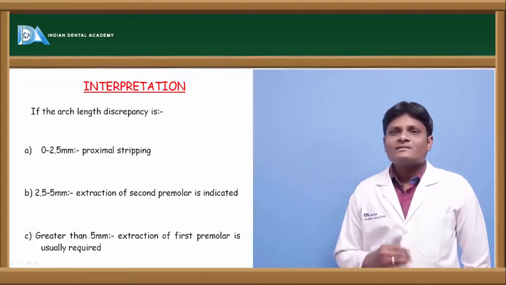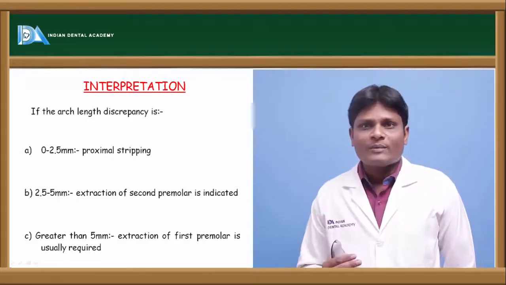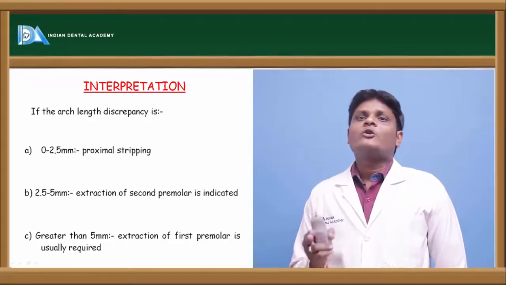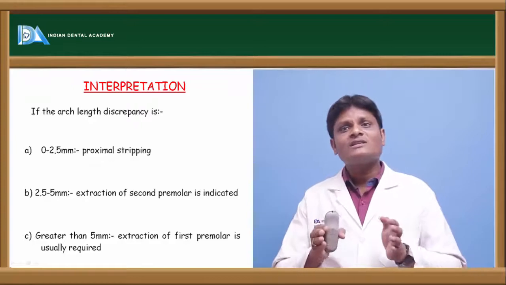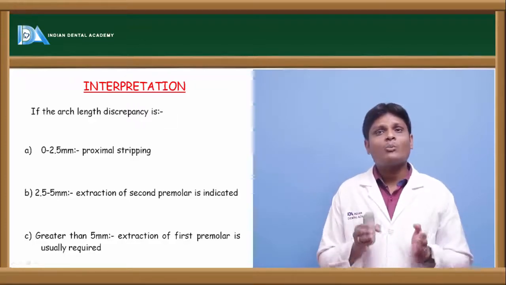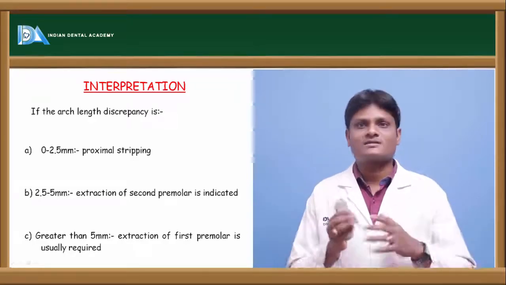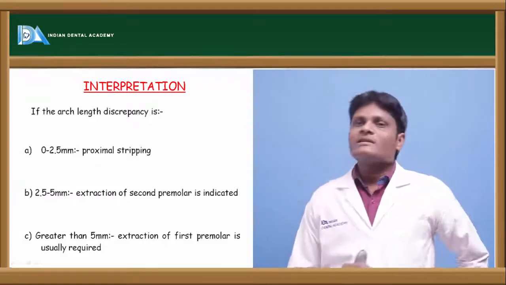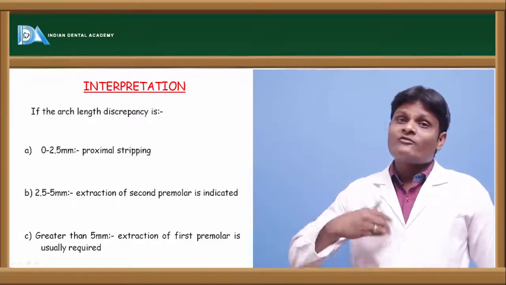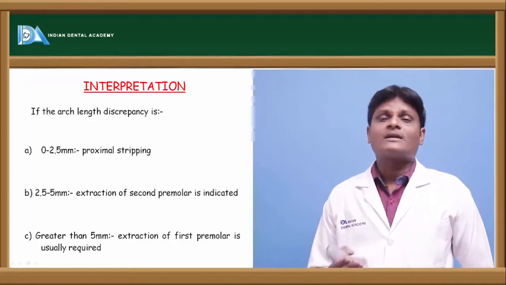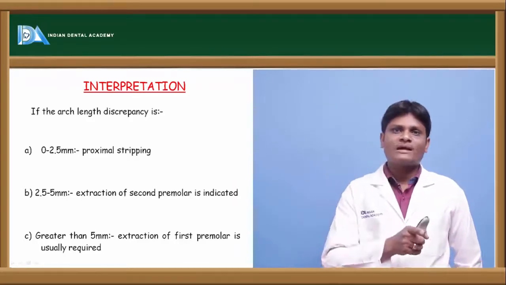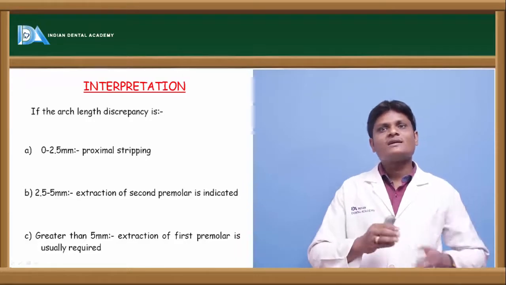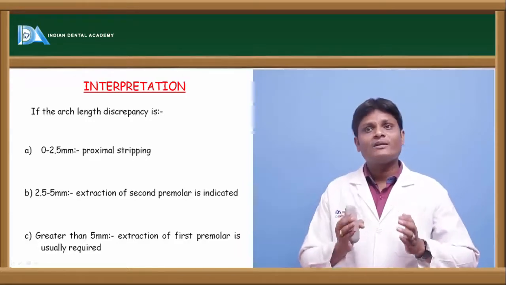If the tooth material is excess by 2.5 to 5 mm, then we can go for extraction of second premolars to fit the teeth within the dental arches or to accommodate the teeth in the existing arch length. If the tooth material is more than 5 mm excess when compared to the arch length, then we can go for extraction of first premolars to fit the teeth within the dental arches or within the available arch lengths.